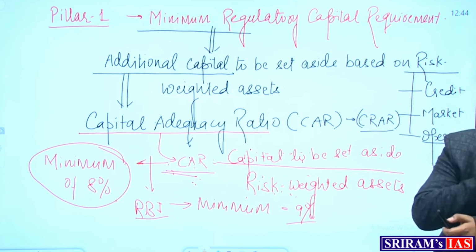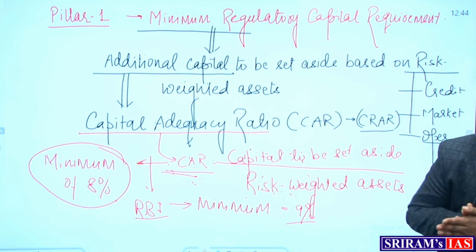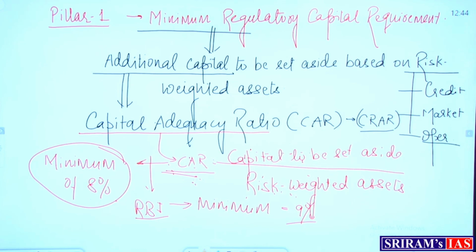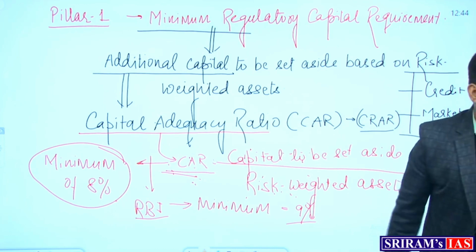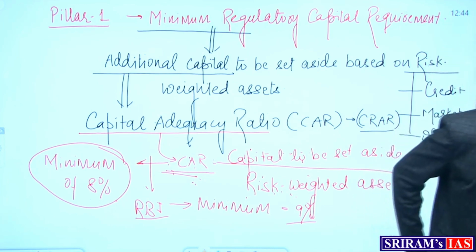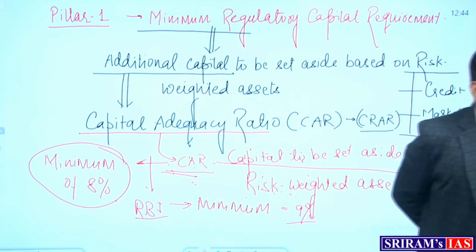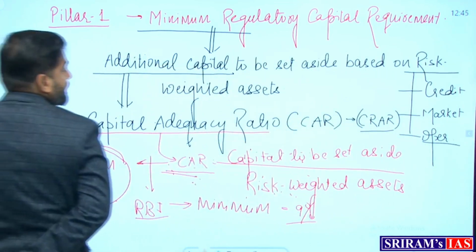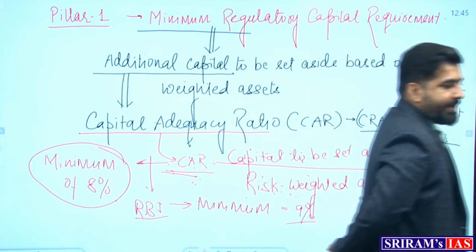So write it down, the definition of CAR first of all, one point. Capital adequacy ratio ensures that capital is set aside which cannot be undertaken for lending, and thus banks have enough capital to take a reasonable amount of losses before they become insolvent.